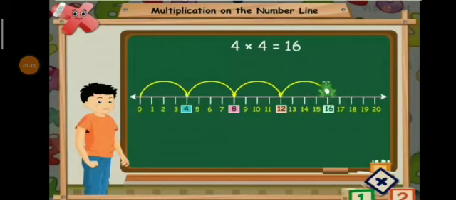Students, now you can count. There are 1, 2, 3, 4 jumps of 4. After taking 4 jumps, we reached on 16. So, our answer will be 16. So, we can say that 4 into 4 is equals to 16.